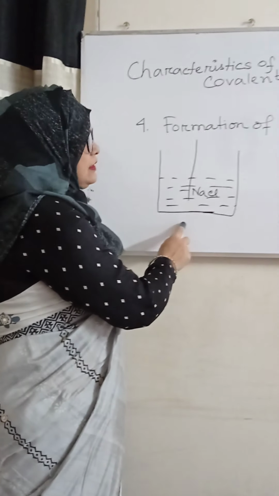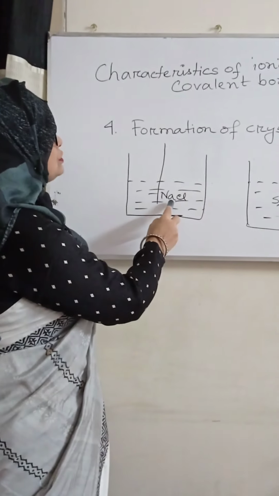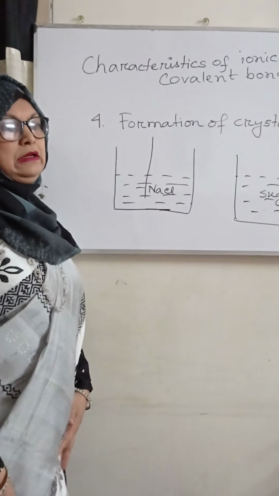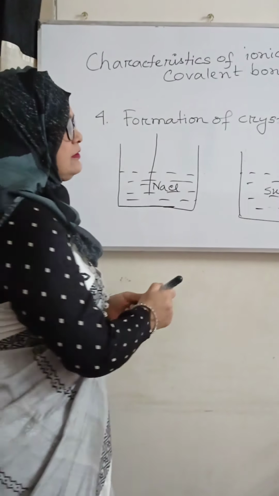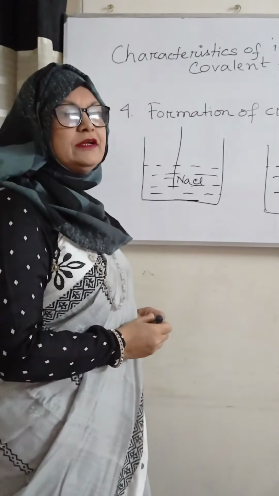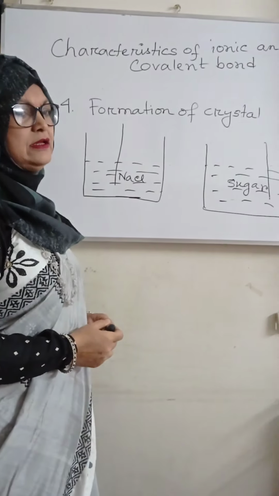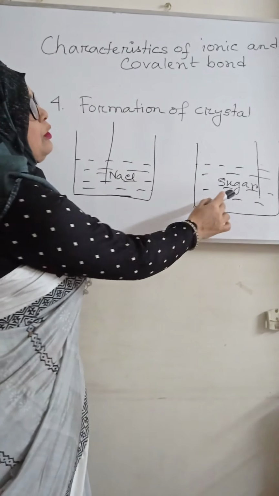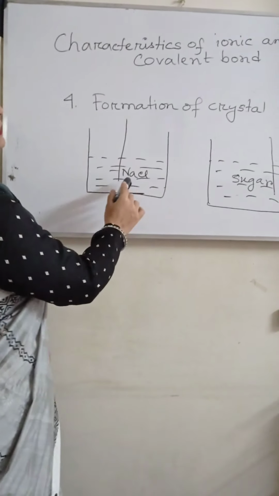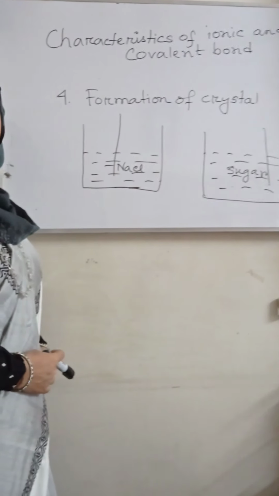From the experiment, we can observe that both sodium chloride and sugar form crystals, but sugar is exceptional because usually covalent compounds don't remain in crystal form. Usually ionic compounds remain in crystal form.